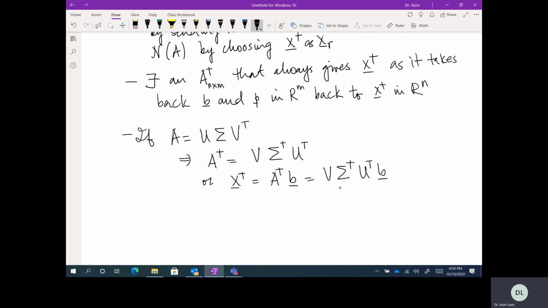So this is how you compute the least square solution of Ax equals b. So let's do some examples.